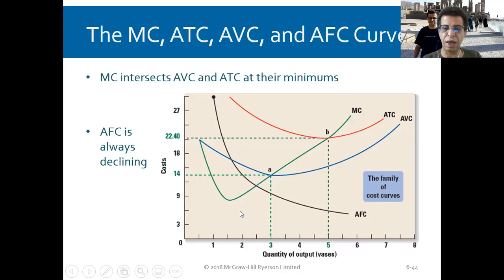Then the marginal cost keeps going down, as we said, as the average variable cost also keeps going down. But at this point, when the average variable cost starts increasing and the average total cost starts increasing also, that's where you really need to look.